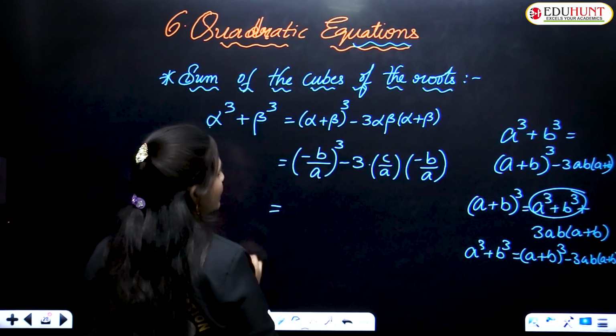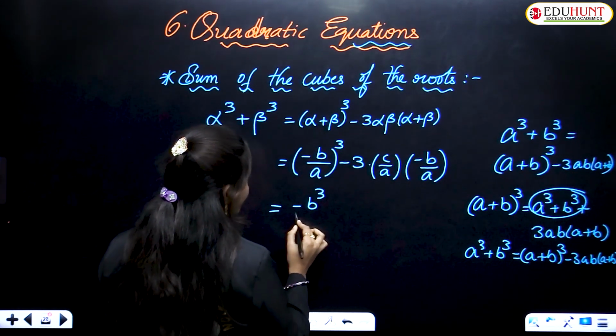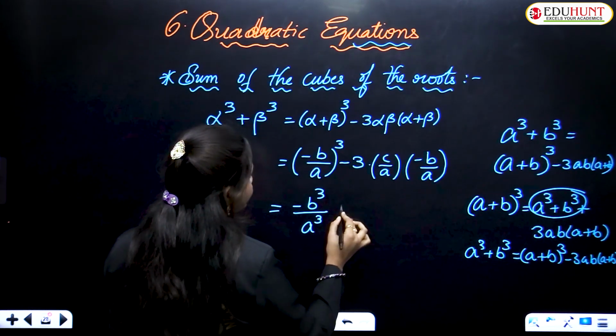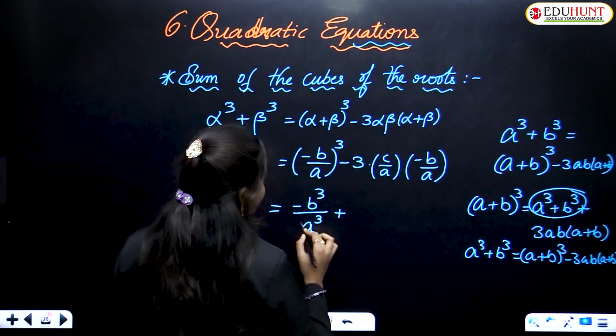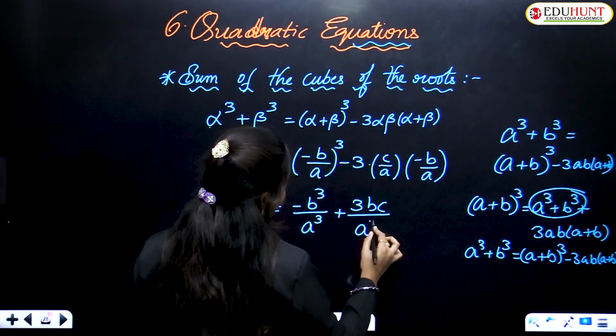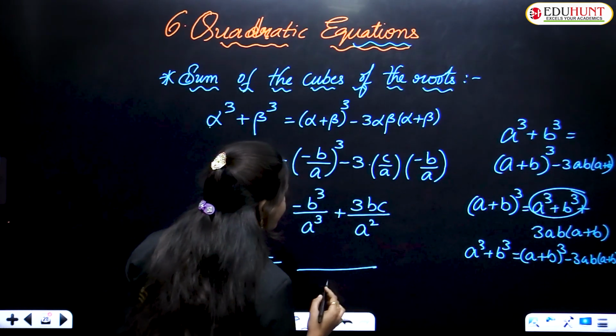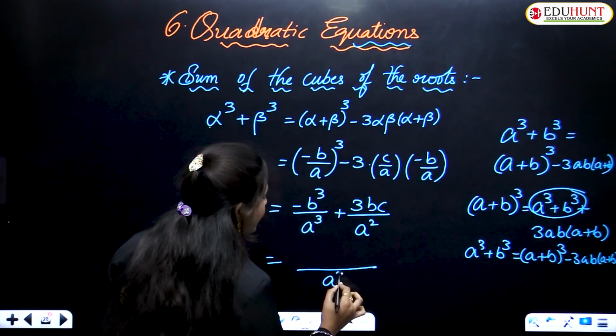Okay, so which is equal to (minus b) whole cube, which is minus b cube by a cube. Minus into minus is plus 3bc by a square. So what is the LCM here? The LCM is a cube.